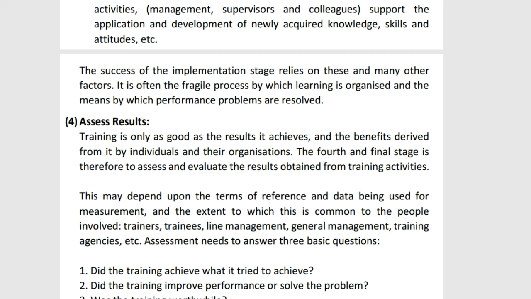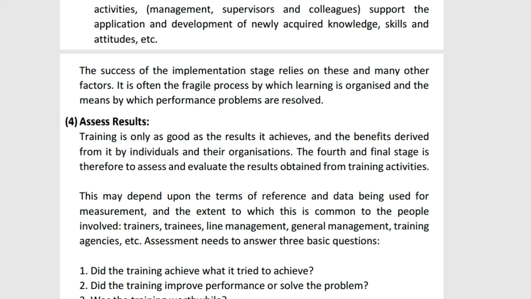That is, first one, did the training achieve what it tried to achieve? So here we need to analyze whether the objectives of the training program are achieved or not. Second, did the training improve the performance or solve the problem? So here we need to analyze whether the deficiency in the skills, knowledge and abilities has been resolved or improved or not.